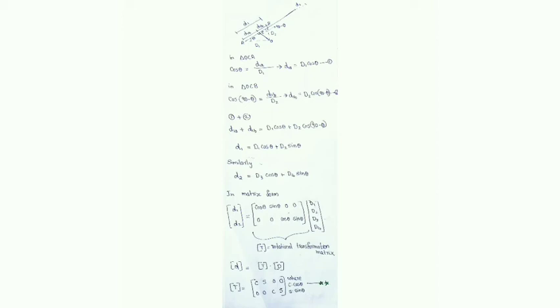Now writing these two equations, that is d1 and d2, in matrix form, we get: matrix d1 d2 is equal to cos theta, sin theta, 0, 0; 0, 0, cos theta, sin theta, into capital D1 D2 D3 D4. In this matrix equation, this matrix cos theta, sin theta, 0, 0, 0, 0, cos theta, sin theta is the matrix which helps to transform local displacement to global displacement.